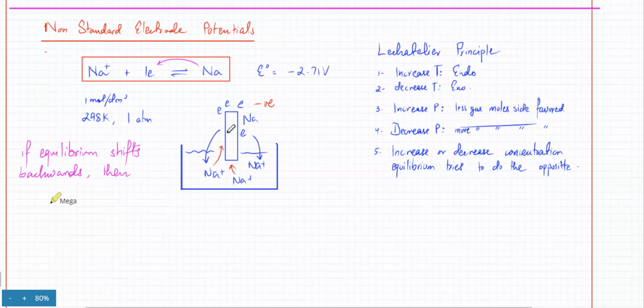And if it does that, more electrons are going to be produced on this metallic rod and your electrode potential would drop. Then E decreases. You don't write E naught, you just write E, because naught indicates standard potential or standard conditions. So the E would decrease, would become more negative as more electrons are produced.